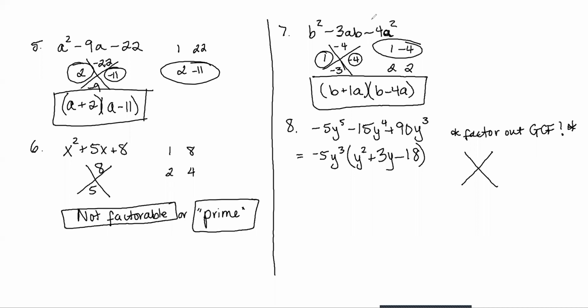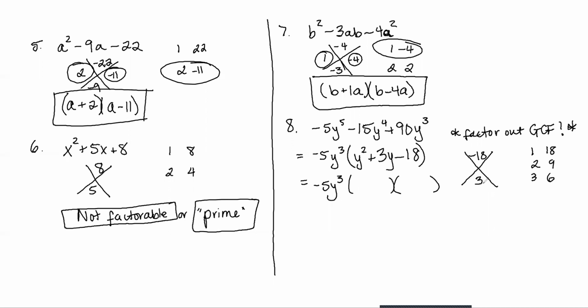Okay, so when we start factoring that trinomial, we don't care about this -5y cubed in the front for that part. We're going to leave that in the front, and then we'll have our 2 sets of parentheses there. We're going to multiply to negative 18, add up to 3. So we need a positive and a negative. 1 and 18, 2 and 9, 3 and 6.